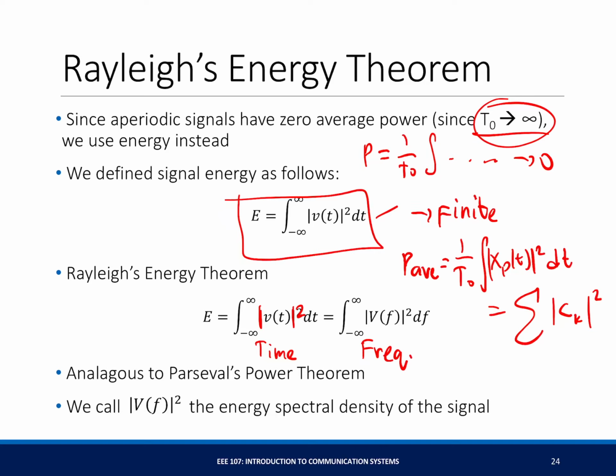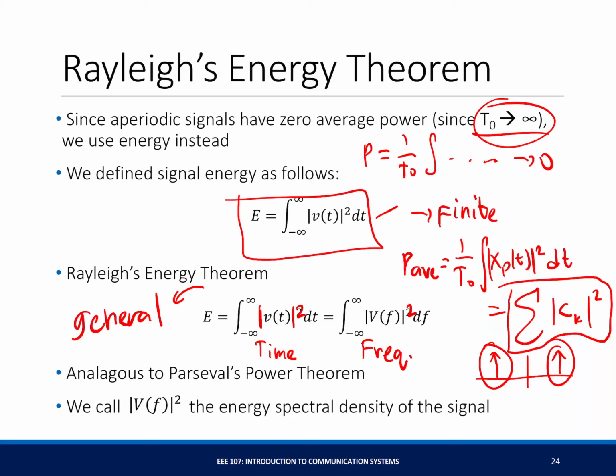Well, if you think about it, the weights can form a line spectrum with delta functions. If you get the total area covered by these delta functions, it's the same as getting the sum. So generally, even for a Fourier transform signal or a Fourier series signal, the area under the curve in the time domain, squared, is equal to the area under the curve in the frequency domain, magnitude squared. So this is a general case of Parseval's power theorem.